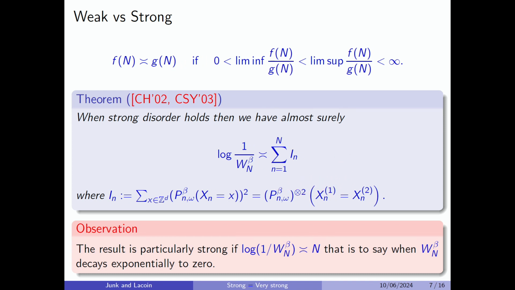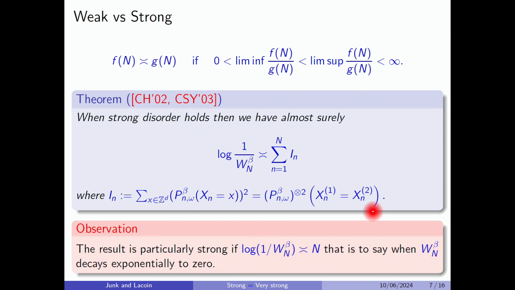So if you think about it, let's say that the dimension is larger than 3. For the simple random walk, In would be something like n to the minus d over 2. So the sum of the In would be summable. Here, when you have strong disorder, the In are not summable.